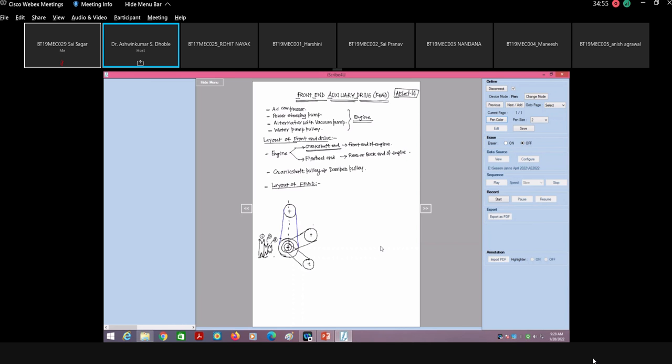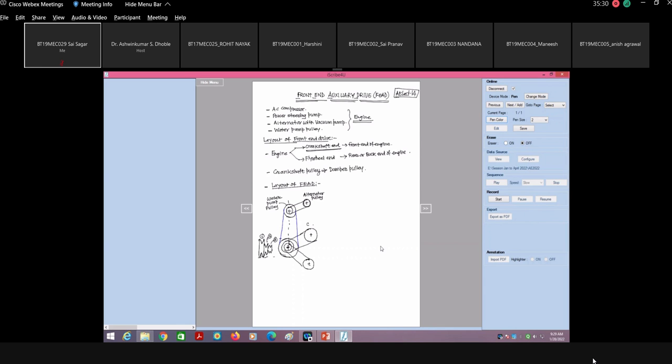Now this is the water pump pulley, and from the water pump pulley you have the small pulley, and the drive is given to your alternator. So this is the alternator pulley. This is the water pump pulley.